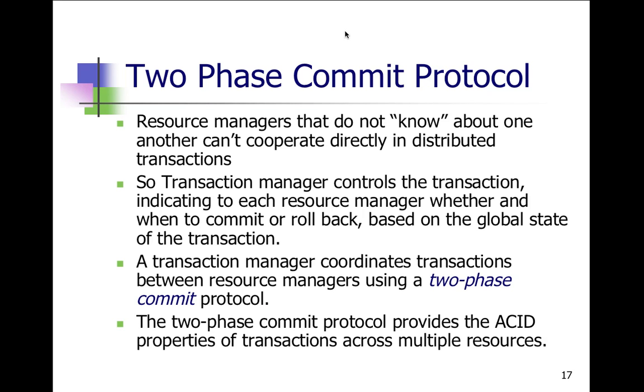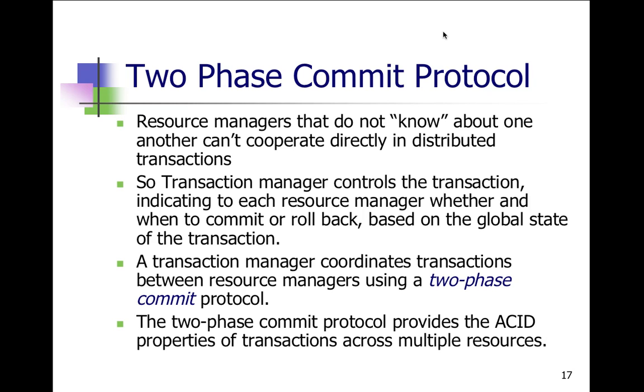Now, what we've been talking about is a one-phase kind of write, a lock and a release. We can come up with a two-phase commit protocol, because resource managers do not know about each other and can't operate directly on distributed transactions if they're not aware of what everybody's doing.